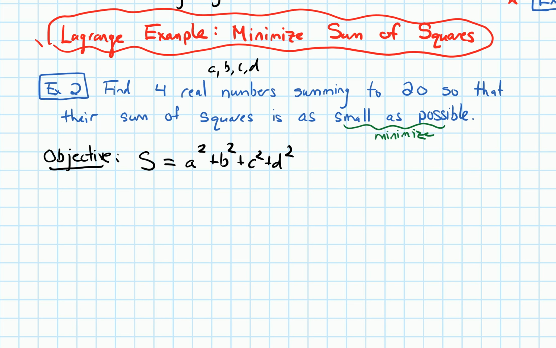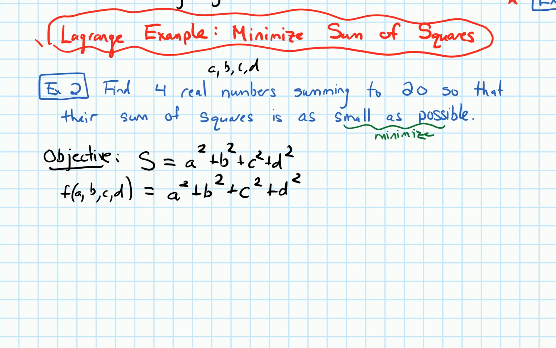I can also write this in function notation as a function of 4 variables, A, B, C, and D: f is A squared plus B squared plus C squared plus D squared. My goal is to find the minimum value of this, or at least to find the 4 real numbers that make this function have a minimum value.